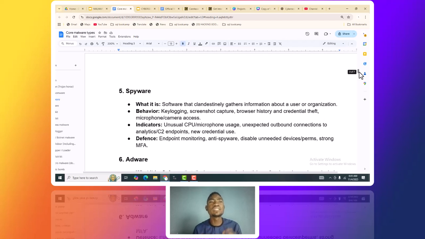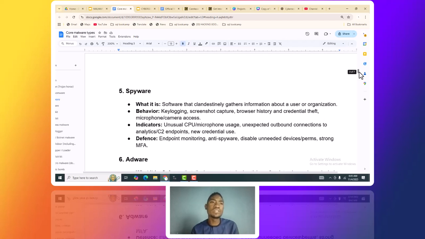And some of the indicators of compromise, to show there is spyware in your devices, in your system, in your network, are unusual CPU or microphone usage, unexpected add-ons, connection to C2 endpoints, or even new credential use.